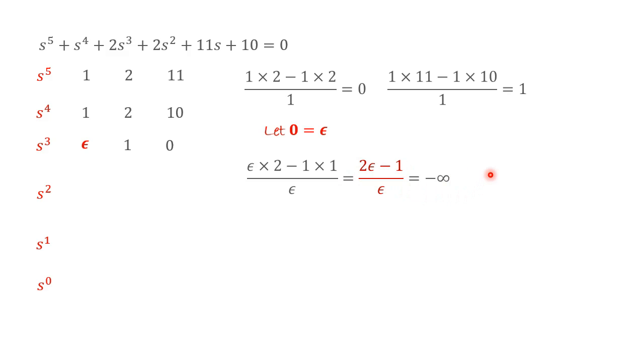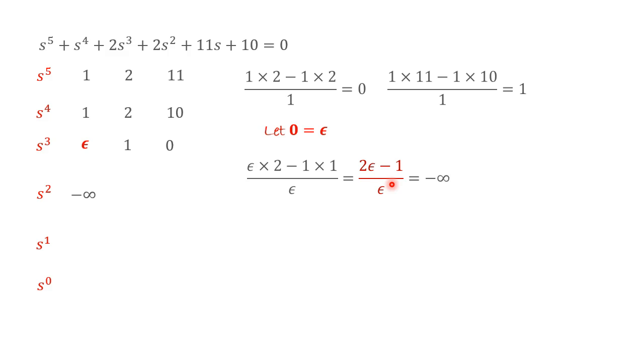It will become minus infinity. We are not considering infinity; I'm just showing you that it is giving us a minus sign. For further calculation, we have to consider this value, 2 epsilon minus 1 upon epsilon. For calculation purposes, we have to consider this value.